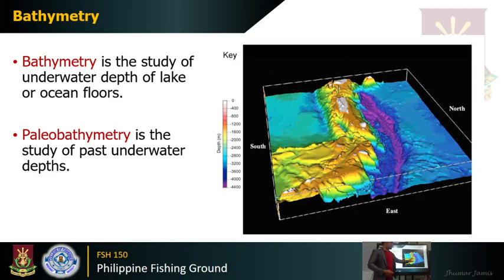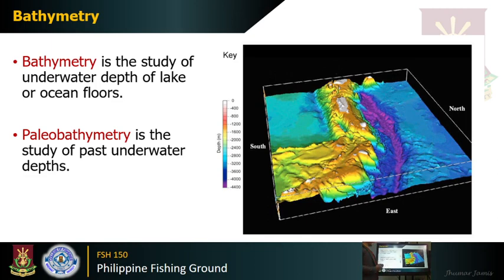This is basically just a profile of a certain ocean floor. Pag nakikita natin dyan, merong may pink, may blue, may yellow. In each of the color variations, there is a specific depth level of a certain water body. So that is the science of bathymetry.